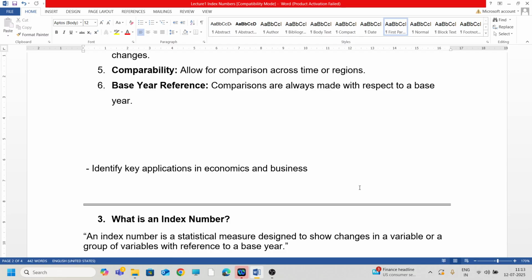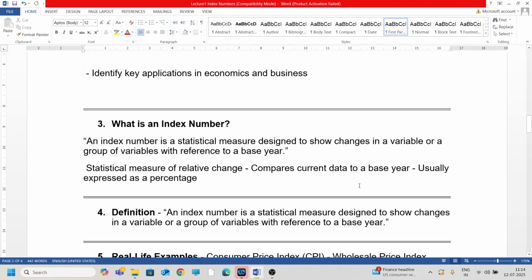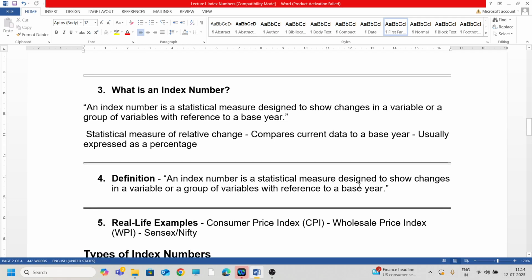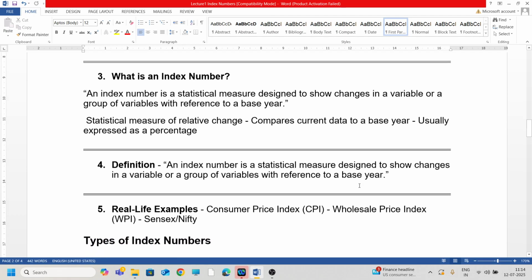What is an index number? Statistical measure of relative changes, compares current data with a base year, usually expressed as a percentage, right? So an index number is a statistical measure that shows changes in a variable or group of related variables over time.